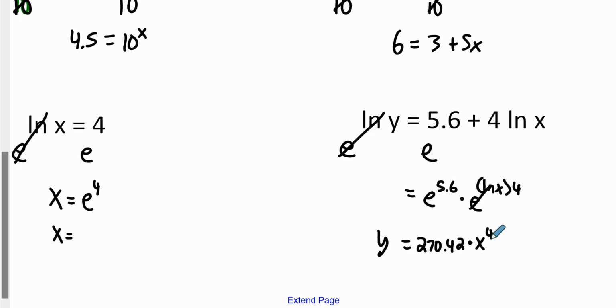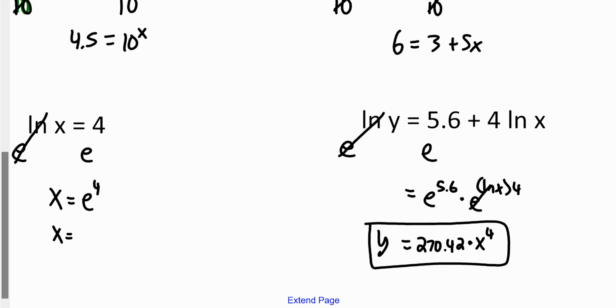When that cancels out, whatever was with the natural log becomes your new base, but the 4 is still an exponent. So now this is a power model. As a power model, I have x to the 4th power. That's how I'd write that equation, and we're going to be doing some of that, moving things around using natural logs.